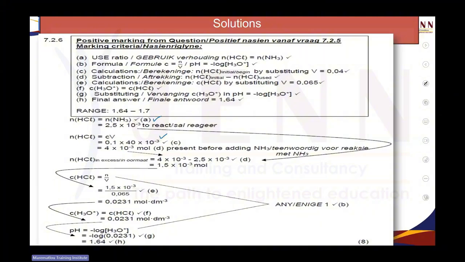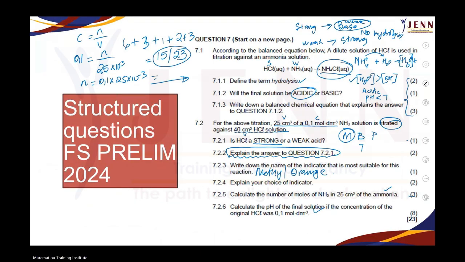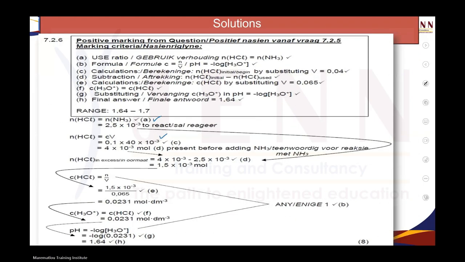This comes from which guy? This comes from that, the concentration of hydrochloric acid. That's where it comes from. And then from there, you must be able to substitute. Okay, we did that.